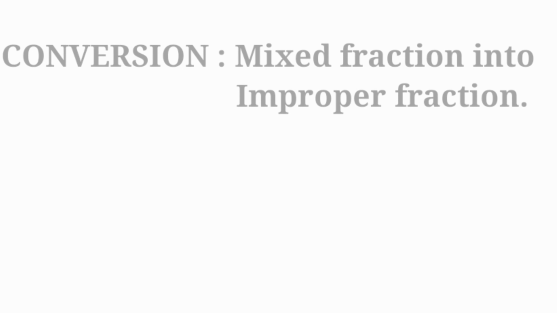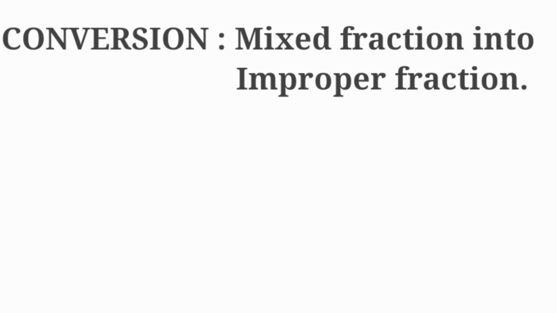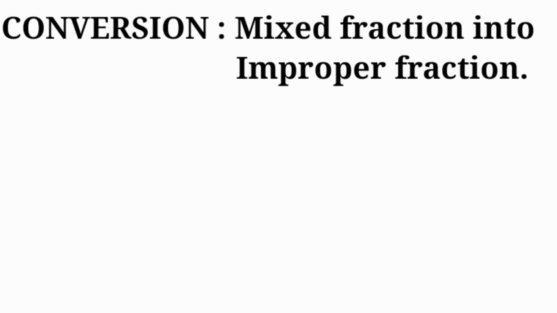So I want to discuss one topic over here, students, because regarding this topic one question is there in your exercise. I'm just recapitulating this topic because I know you have already done it in class 5 and class 6. The topic is how to convert a mixed fraction into an improper fraction. Students, whenever in a question we have mixed fractions to add or subtract, we can't do it directly.